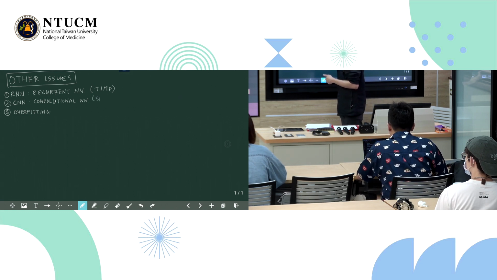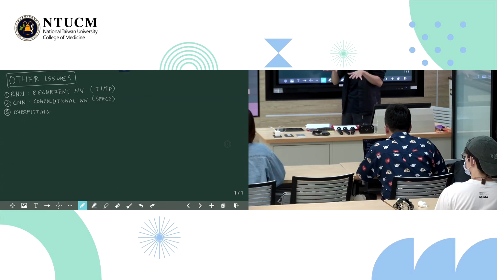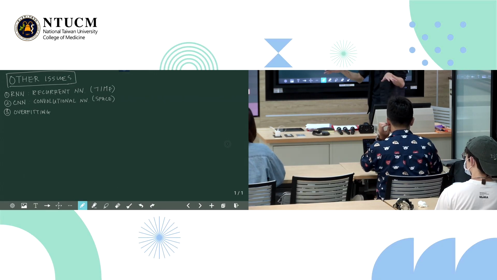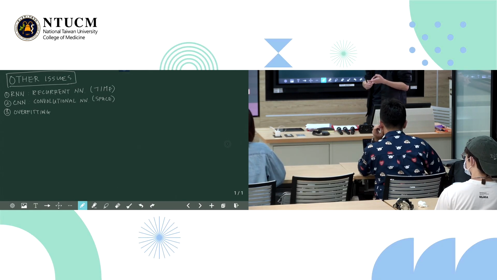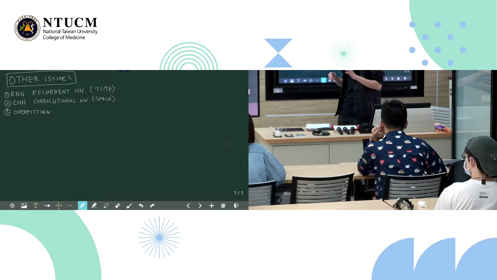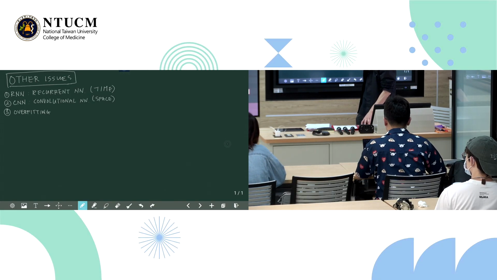And obviously space, how information has spatial associations, right? All the other neural networks, transformers, LSTM, are either dealing with time or space or some combination of both.